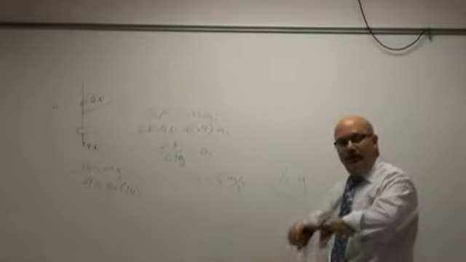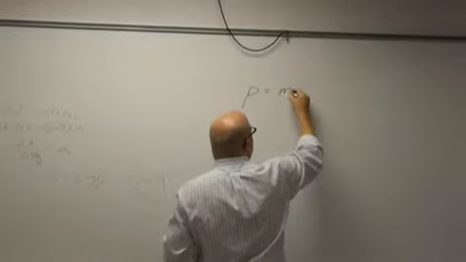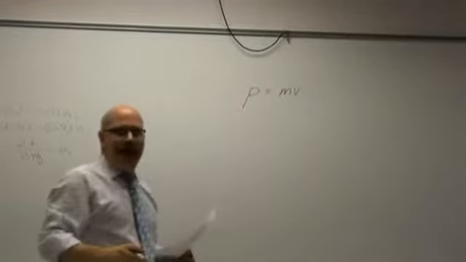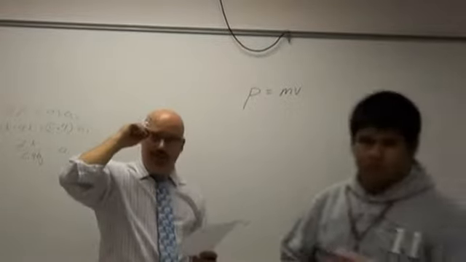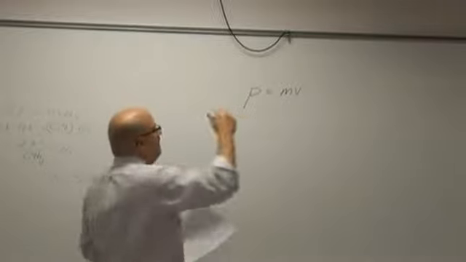Yeah, angular momentum. We did not talk about this yet, right? This is one of those topics that, for the sake of saving time, we kind of maybe didn't quite get to. So here it is. Here's angular momentum. What's linear momentum? mv, right? Angular momentum is the same thing, except you add a radius to it, okay? Multiply right.